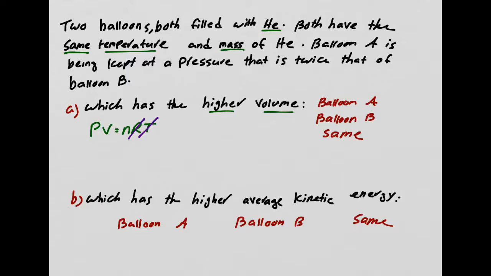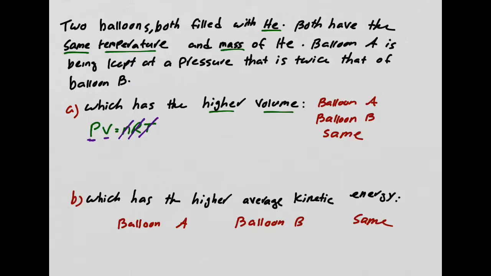The molecular weight of helium is 4 grams per mole. So they end up having the same moles in this problem. So far so good? Okay. So that means pressure and volume are the parameters that matter.